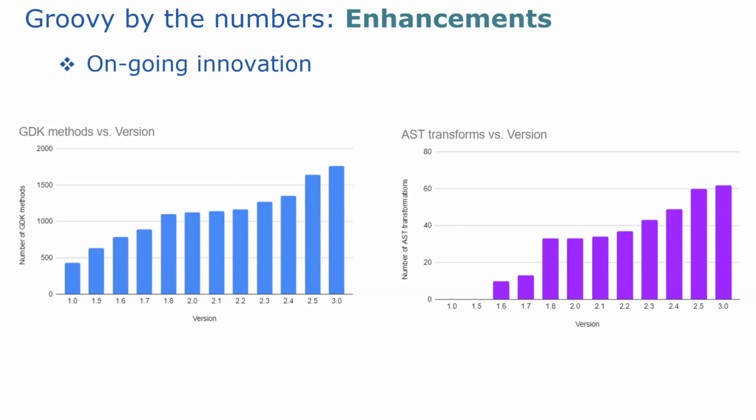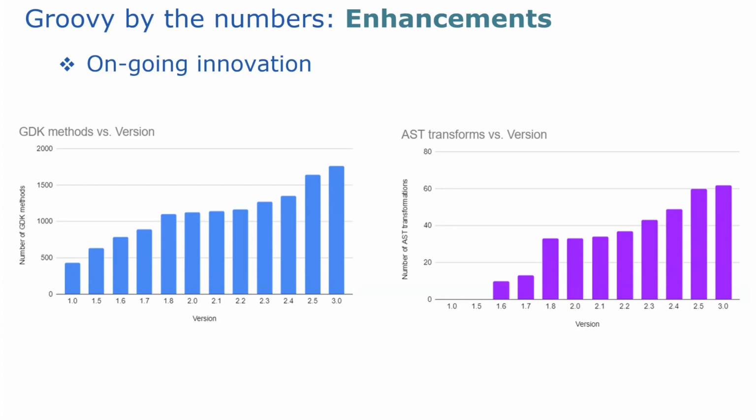There are some 1,800 of those in the latest GDK, in version 3 that is out there now. So lots and lots of enhancements in the GDK. They're available for both the dynamic mode of Groovy and the static mode, so those enhancements are applicable to both the different natures that Groovy provides.